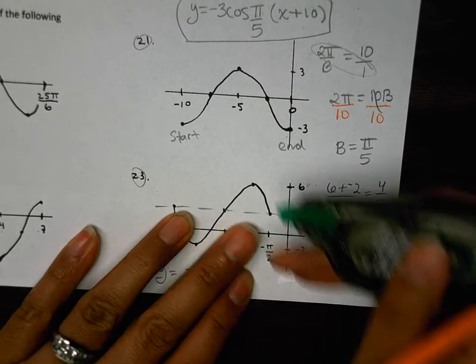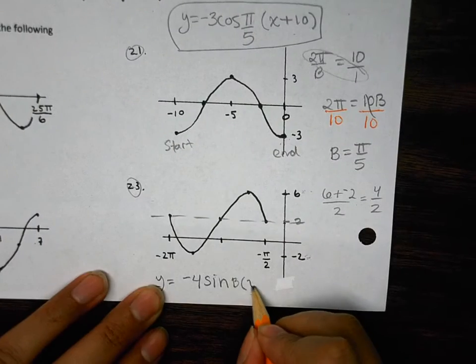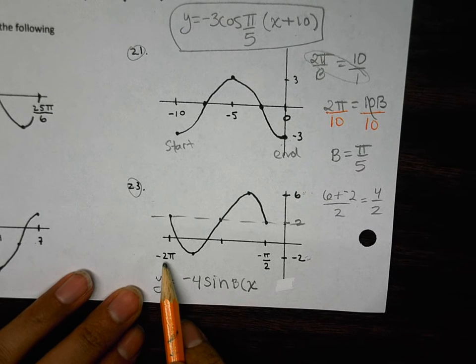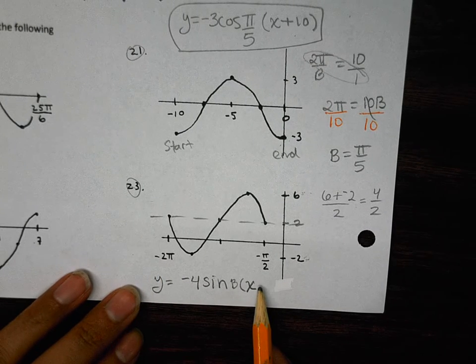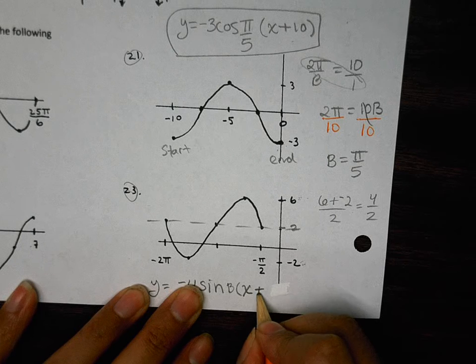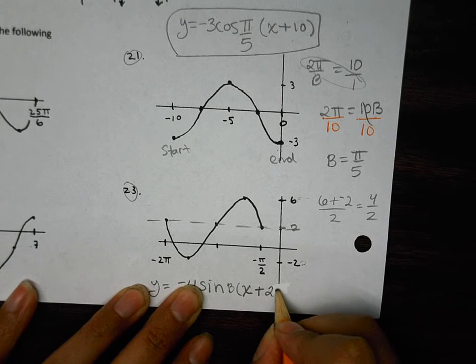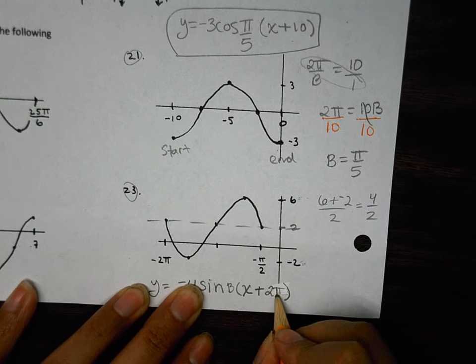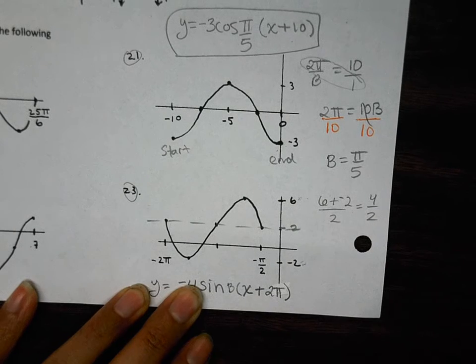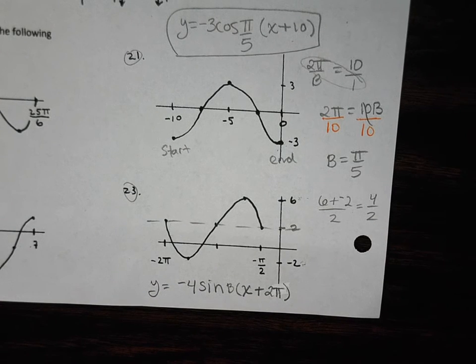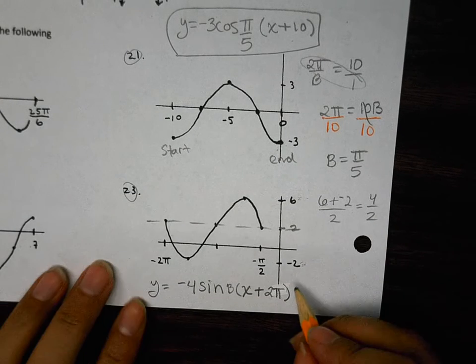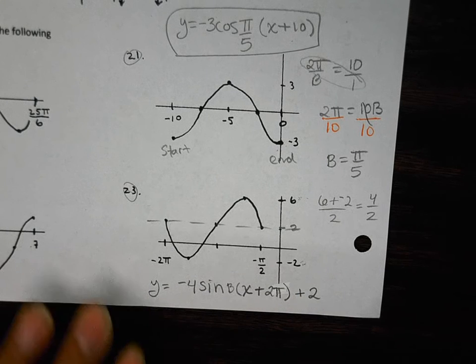My shift is to the left 2 pi, so plus 2 pi or minus 2 pi? Why is it plus? Because you're going to the left. It's always the opposite. All right, and how far up did I shift? Plus 2. These two parts are a little easier than the B.